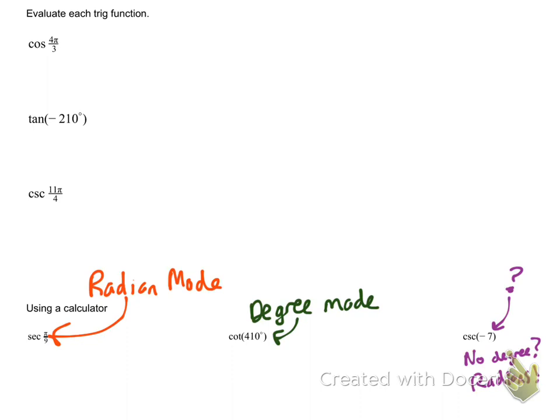Pi's are just there to help simplify where on the graph the angle is. But radians do not actually have a visible unit. So if there's no unit on an angle, it will be in radians.